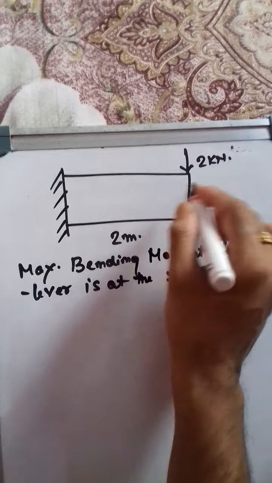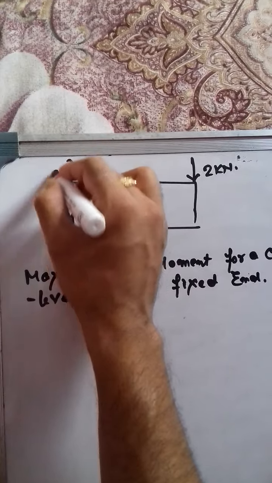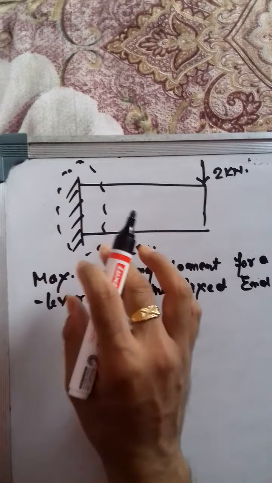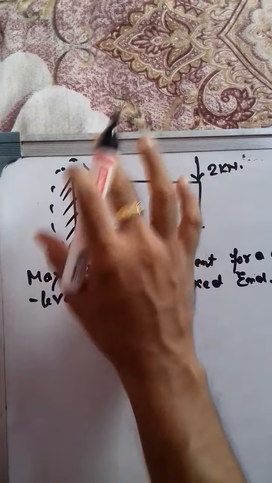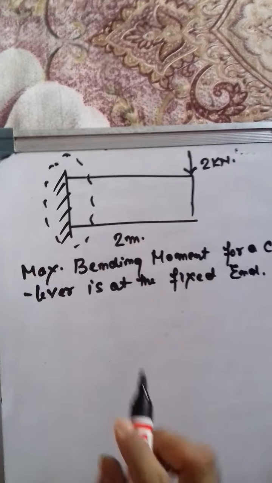So bending moment will be equal to load multiplied by the distance. So this fixed end will be carrying the maximum bending moment, because this beam will try to bend, but the bending moment will be at the side where it is fixed.